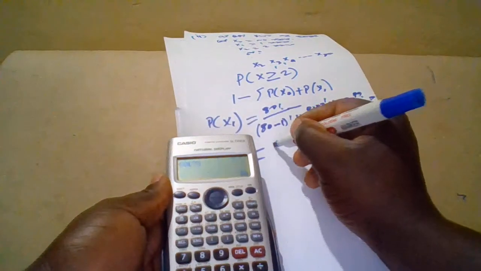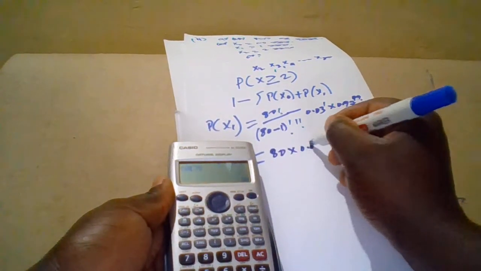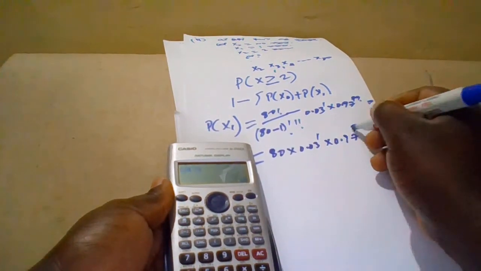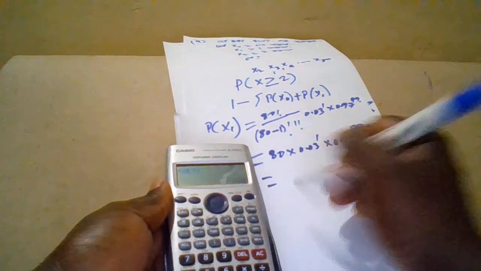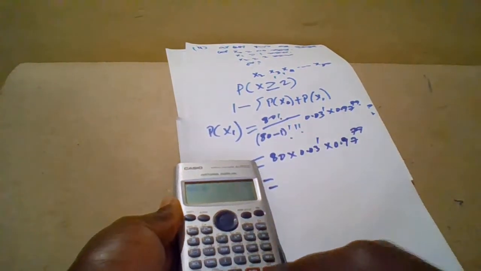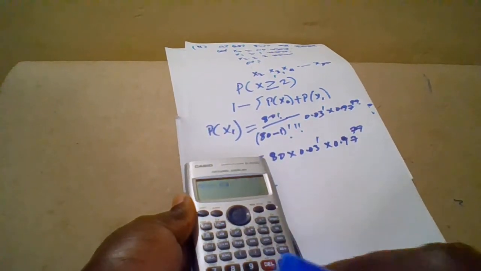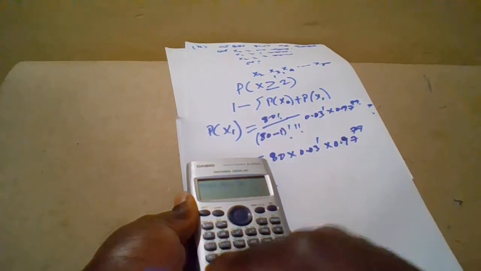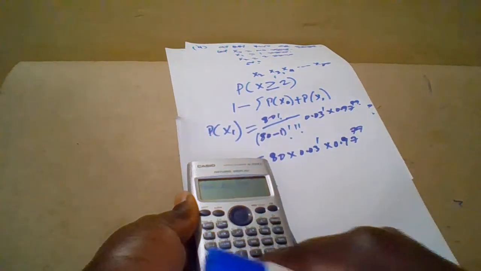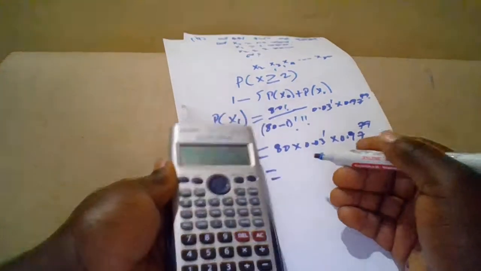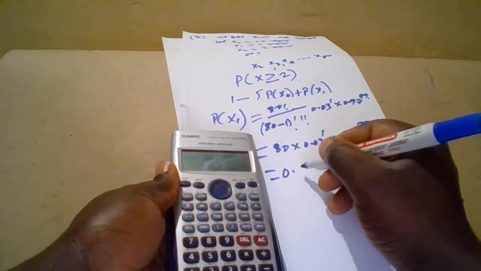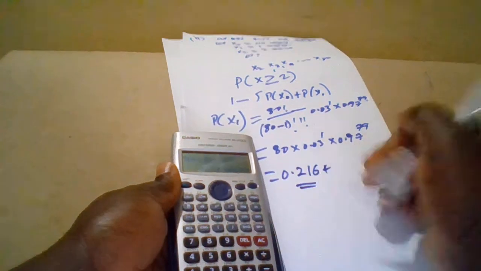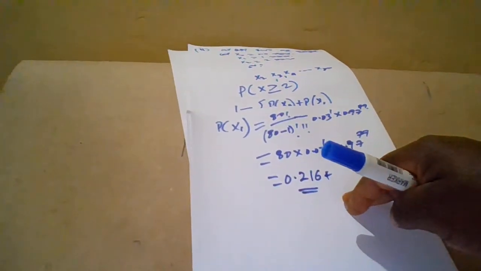So this equals 80 times 0.03 times 0.97 raised to 79, which equals 0.2164. This is the probability of one reject.